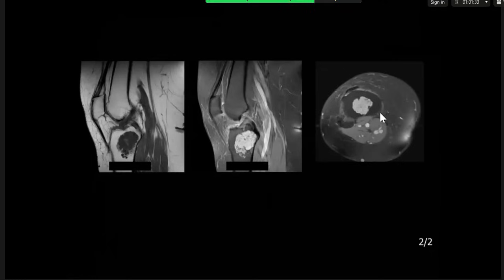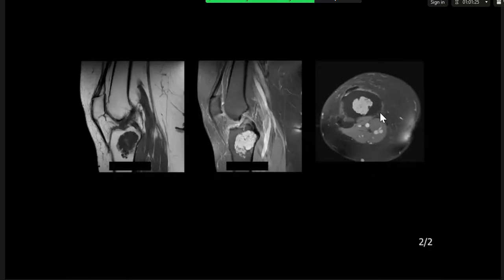So I think this is a chondroid lesion, and depending on the age of the patient, I think they were older. So a chondromyxoid fibroma is a differential, or?